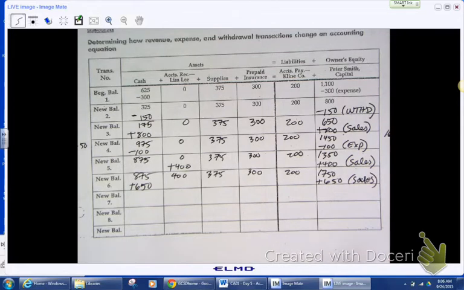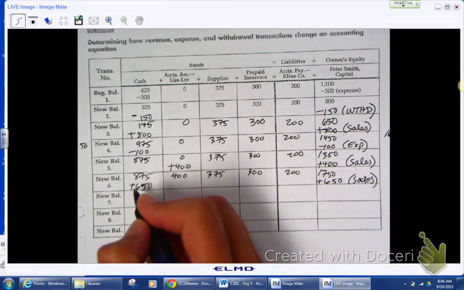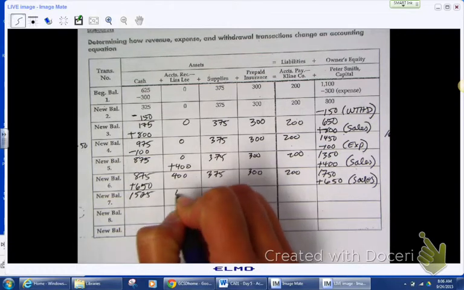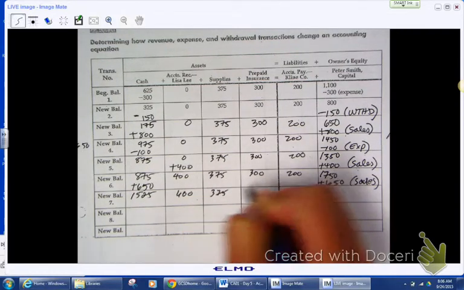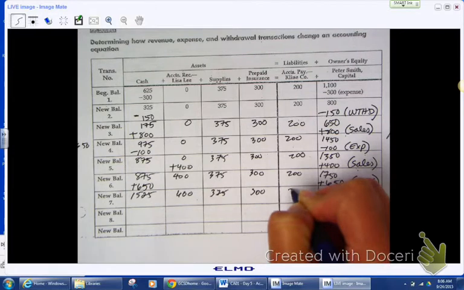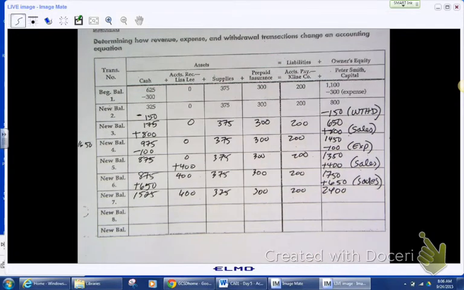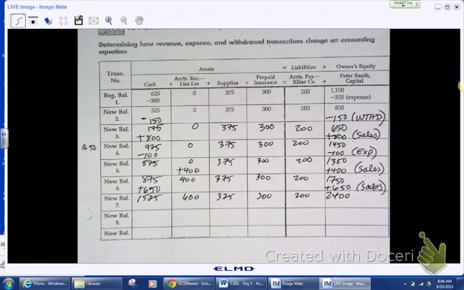You will see as we progress through the semester that the account that is affected the most is always the cash account. Okay, so bring my balances down. This is 1525, 400, 375, 300, 200, and what is that? 2400. Yeah. Right? Yeah, 2400. Okay. All right.